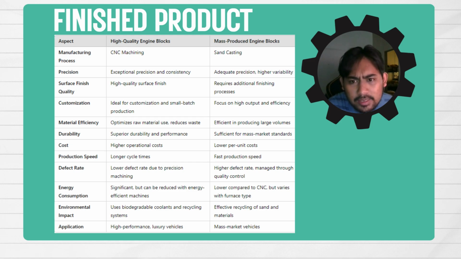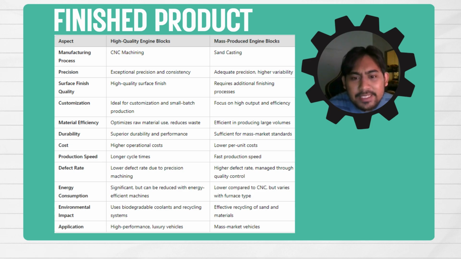For material efficiency, CNC machining optimizes raw material use and reduces waste, while mass production is efficient in producing large volumes. For the cost, high quality has a high operational cost, which means there are more costs than the mass produced engine blocks.